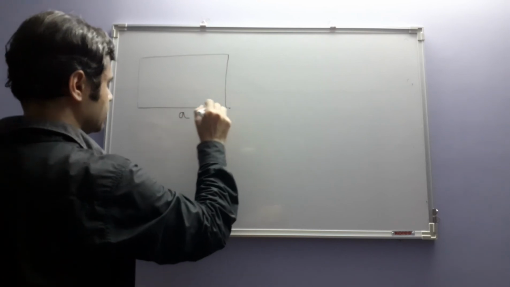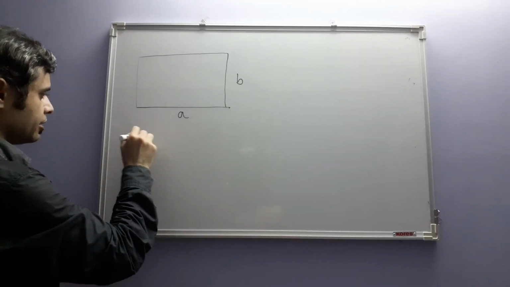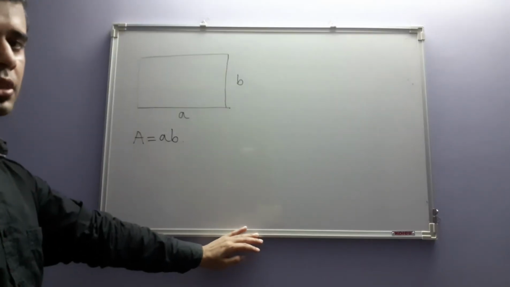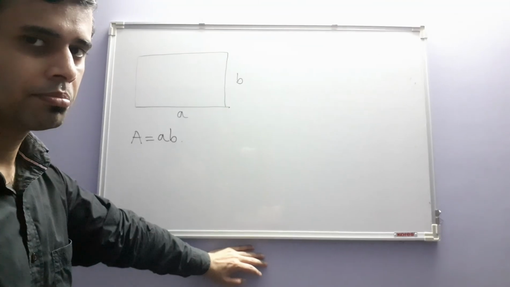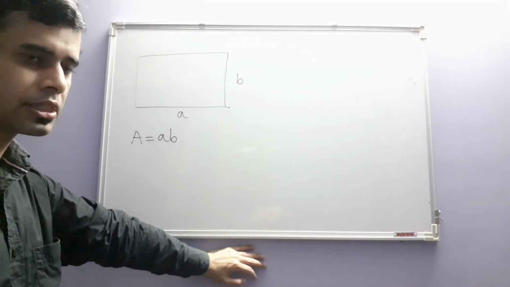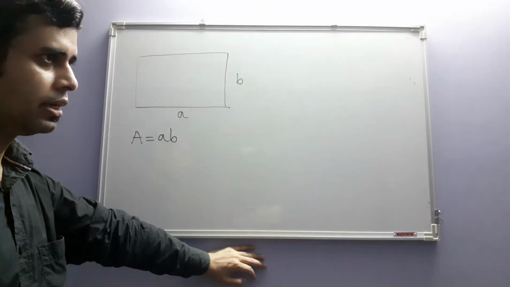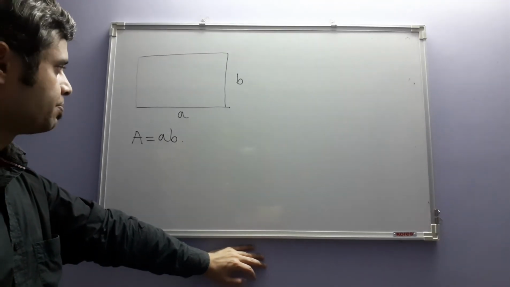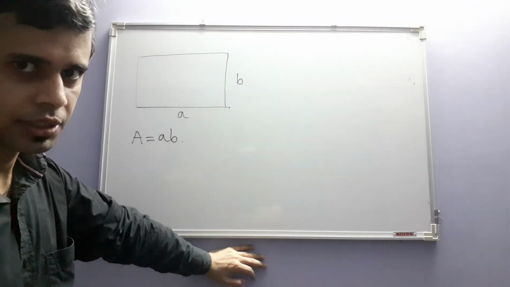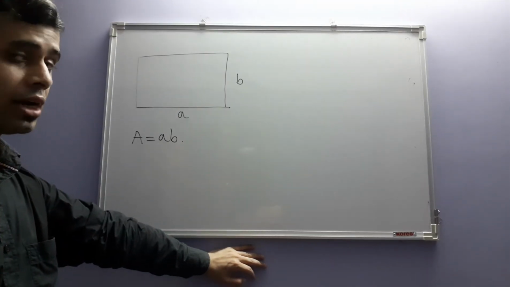If the length is A and breadth is B, then area equals A into B. This is a standard result from plane Euclidean geometry, and we in fact use it in our everyday lives while calculating the area of some piece of land which is rectangular, or for example some piece of furniture.